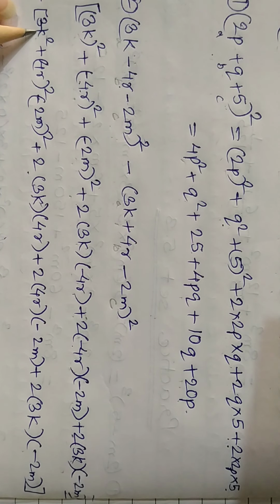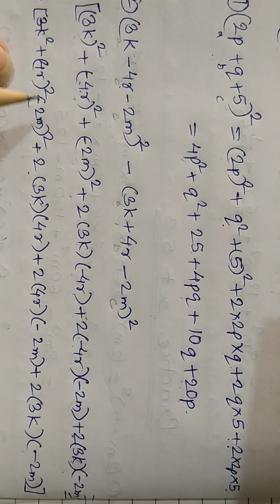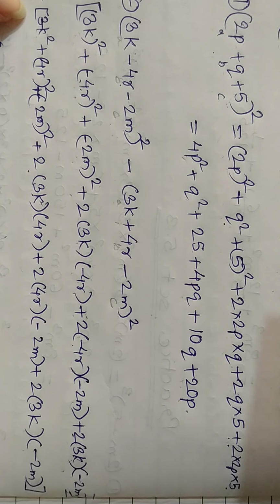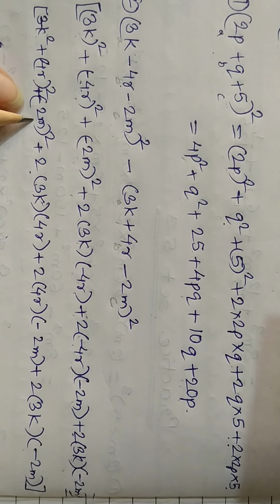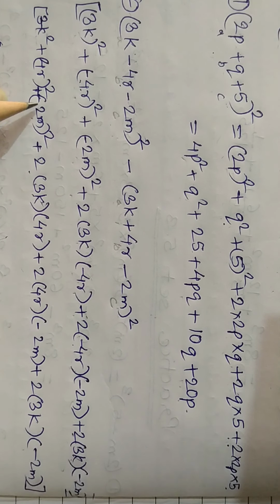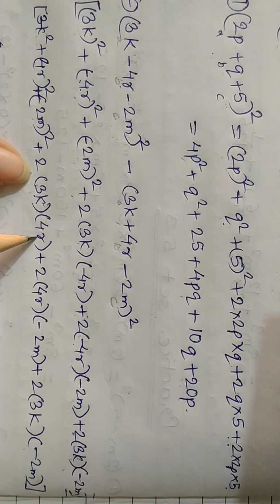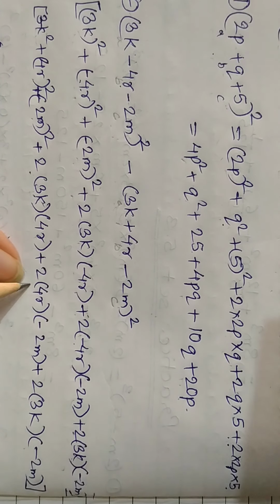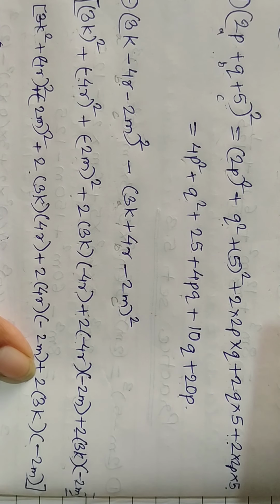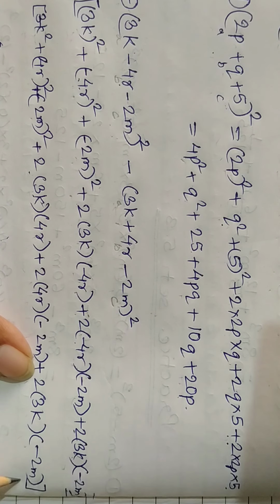Then see, first term a², b² and c². This is the second bracket: a² + b² + c². Here the minus sign is only with 2m. See here, the minus sign I have taken. Then 2ab, this ab, then 2bc, 4r, −2m, then plus 2ac, 3k and −2m.